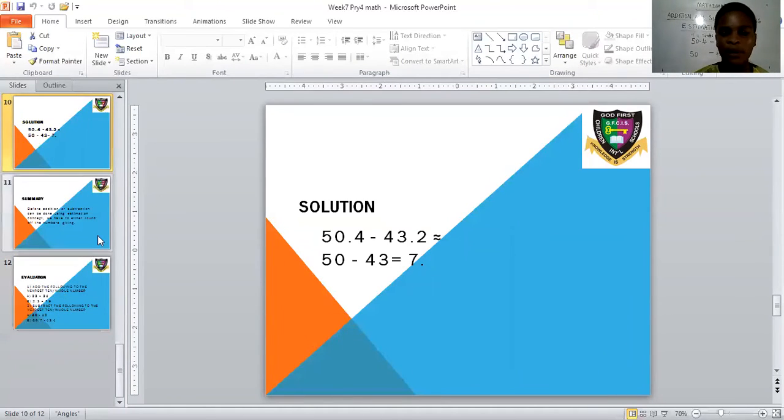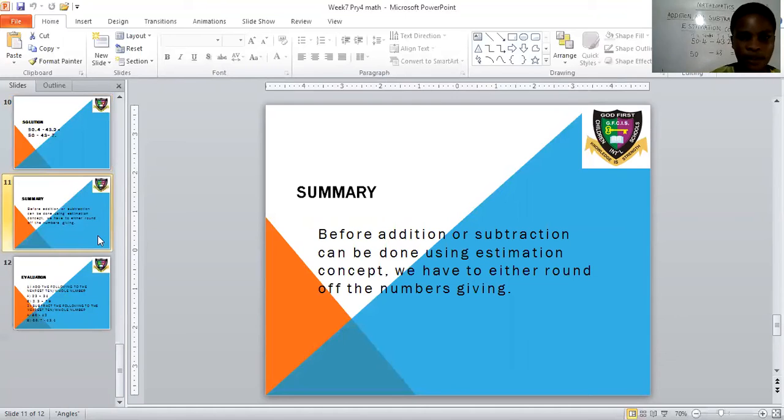Good of you. Now, let's look at the summary. The summary is saying, before addition or subtraction can be done using estimation concept, we have to round off the numbers given.